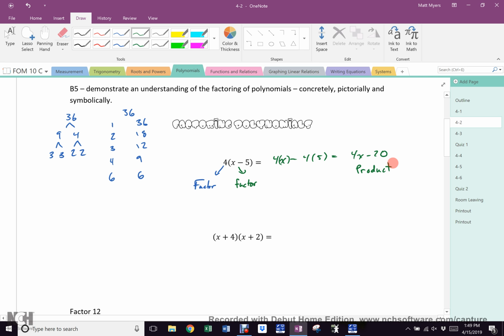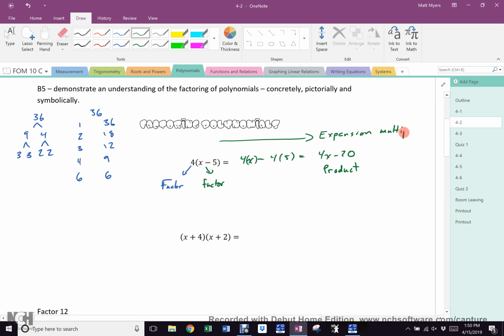Now, you can quite plainly see that no matter how we do this, if we drew it or if we did it with algebra, what we have done going this way is called expansion. And it involves multiplying.